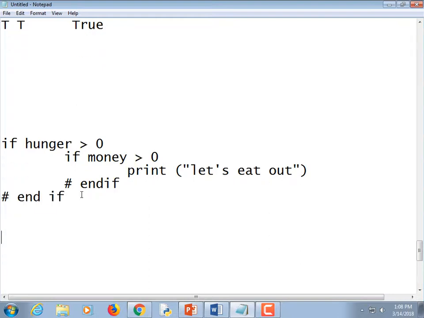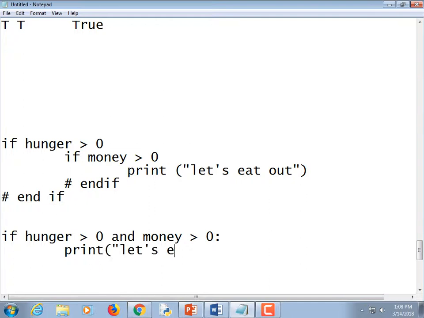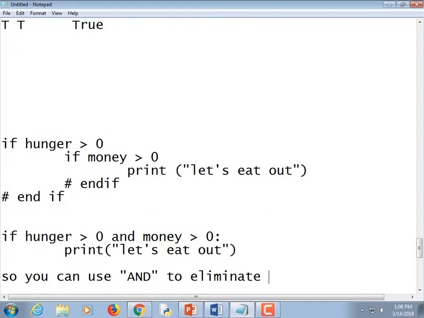Which you could write just as easily as if hunger greater than 0 and money greater than 0, print, let's eat out. So you can use and to eliminate nested ifs sometimes.